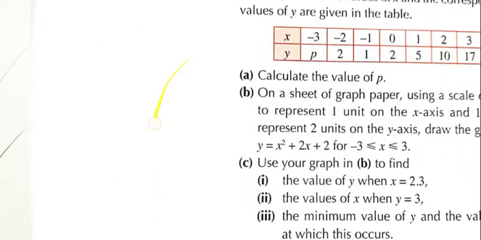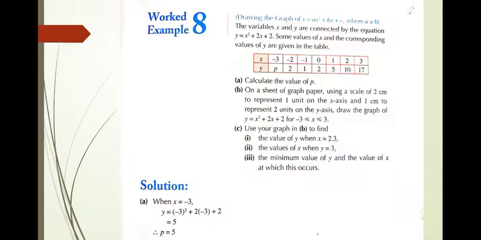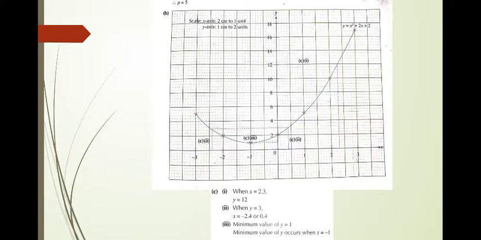Maybe you can also try the equation just now: y equals 2.3 squared plus 2 times 2.3 plus 2. It should be 12 also, or at least very close to 12, and you round it. They could not be 100% accurate, because this is just a graph.